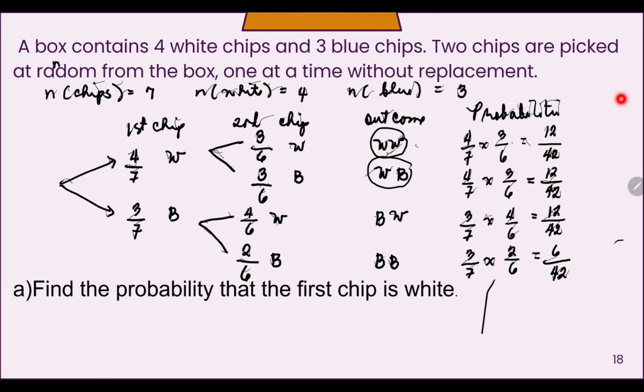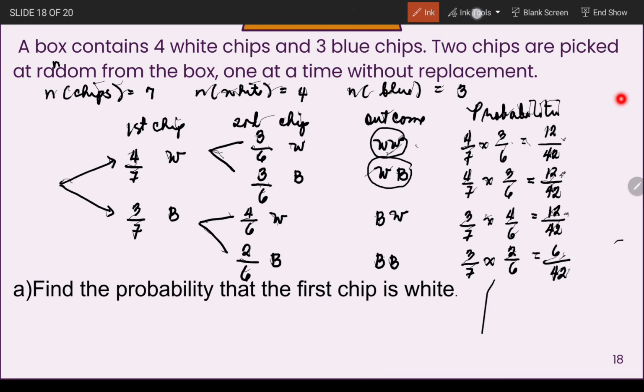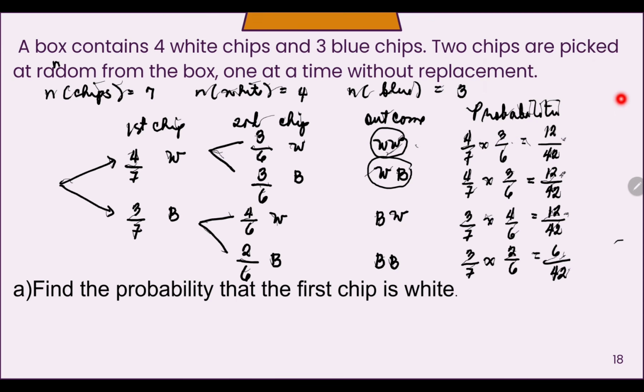Let's check if we're going to come up with a probability of 1 when we add up all the probabilities. 12 plus 12 is 24, plus 12 is 36, plus 6 is 42. So you have 42 out of 42, we get 1. So we have correct. Let me just clean it up. Okay, there.